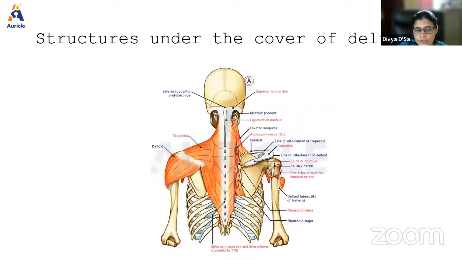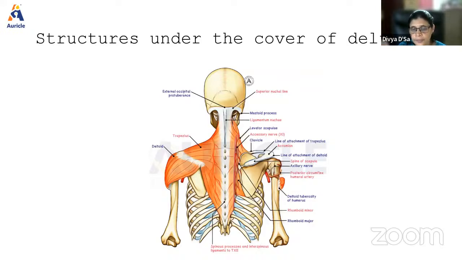So if you remove the deltoid muscle, what are the structures we will see? One, the joint. Which joint do we see? The shoulder joint is seen. Then the muscles which we see will be the subscapularis, that is all the rotator cuff muscles, supraspinatus, infraspinatus, teres minor muscle.